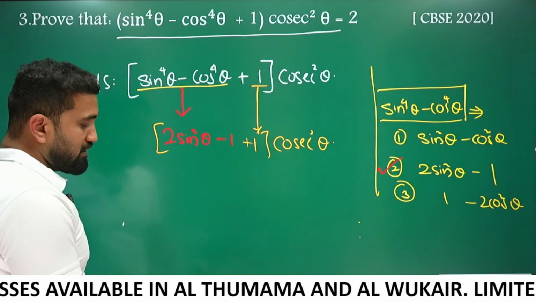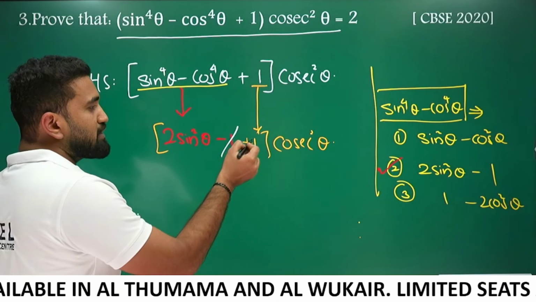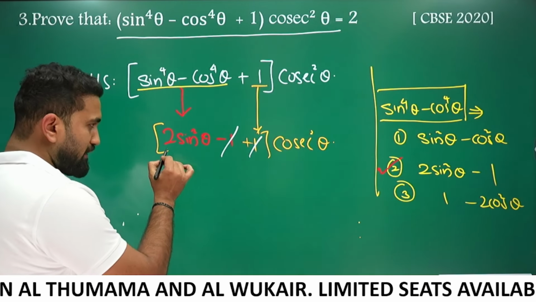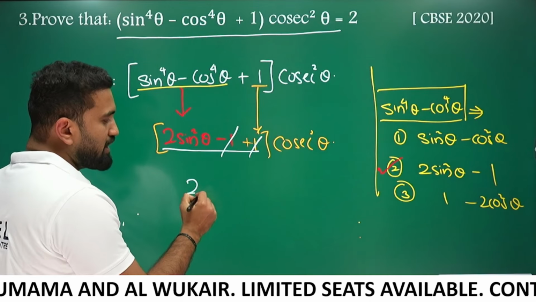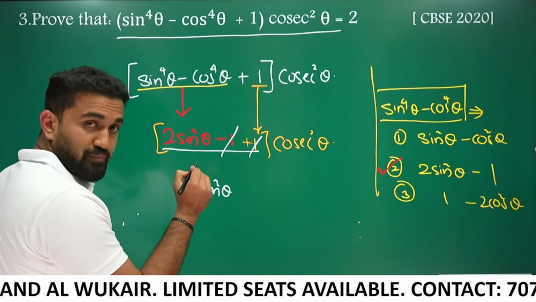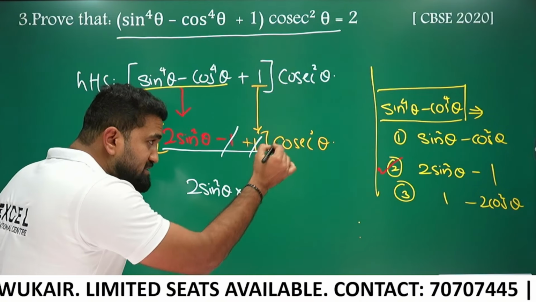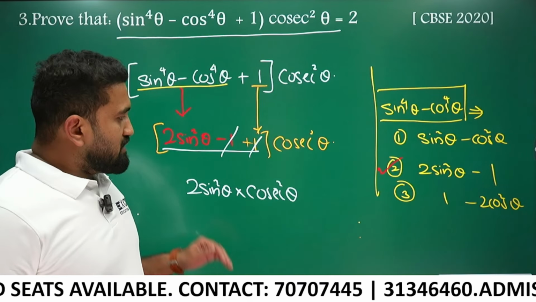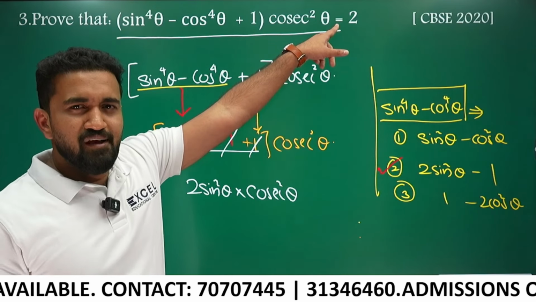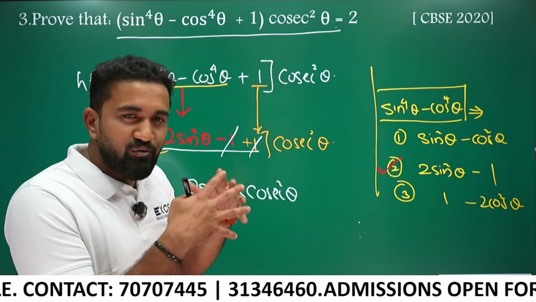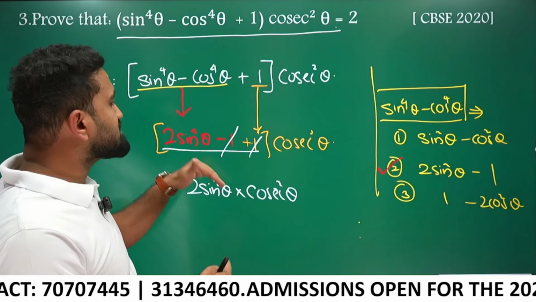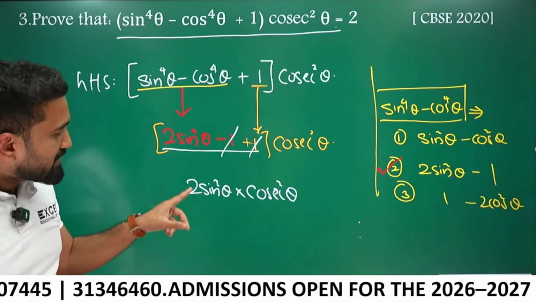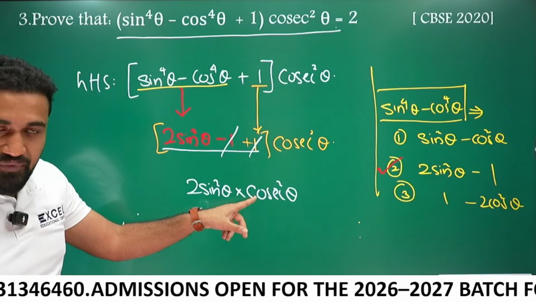Now what is the advantage? As I mentioned earlier, you can cancel the terms minus 1 and plus 1, so that the only pending term here will be 2 sine square theta into the next guy, cosec square theta. Whenever you need to prove something, please find a way to reach from the LHS to the RHS. See, this contains sine square and cosec square with a 2.